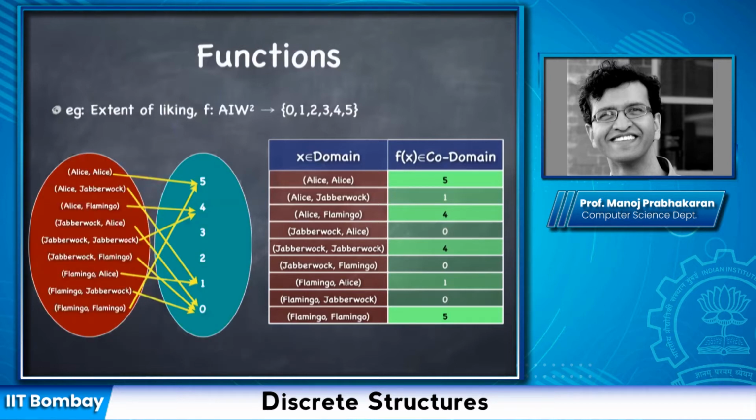Another useful visualization of a function is this kind of diagram where every element in the domain is listed here, every element in the codomain is listed here, and you put an arrow from the element in the domain to the element in the codomain that it is mapped to by the function. This way you can quickly see, for instance, that the image is only 0, 1, 4, 5, and 2 and 3 don't have anything mapped into them.